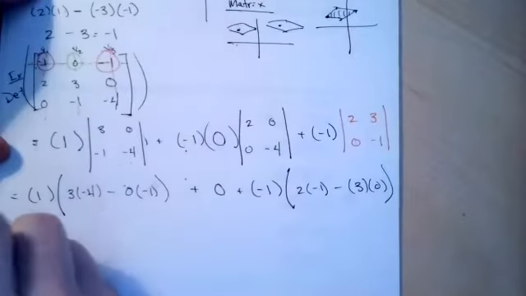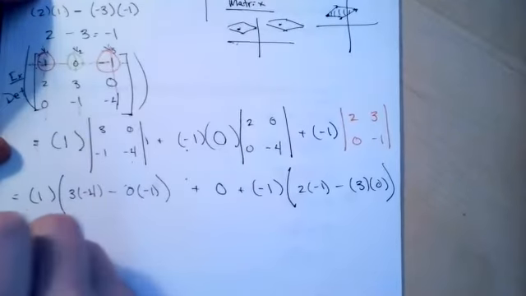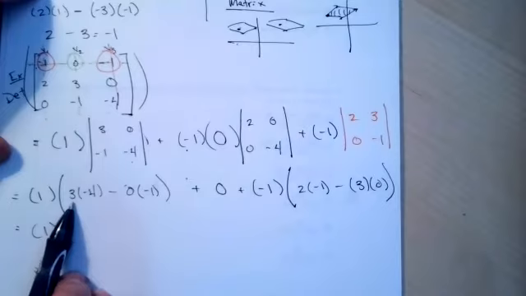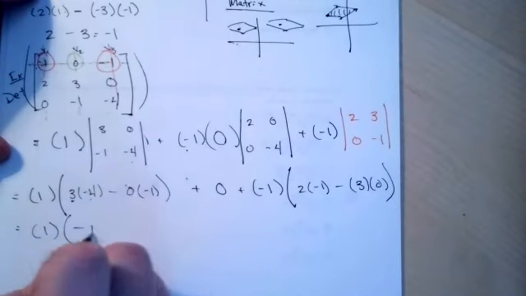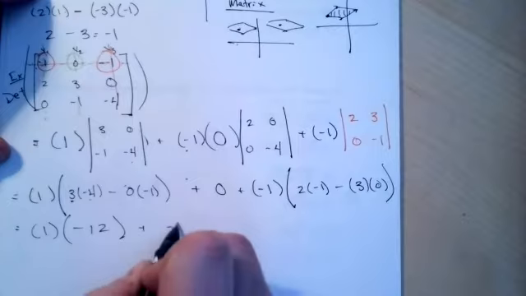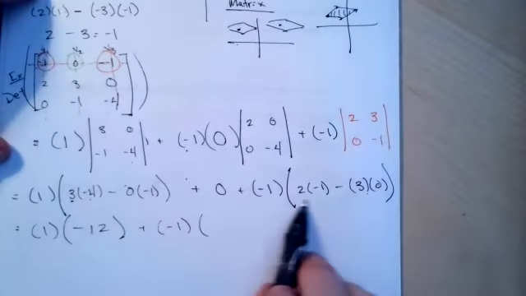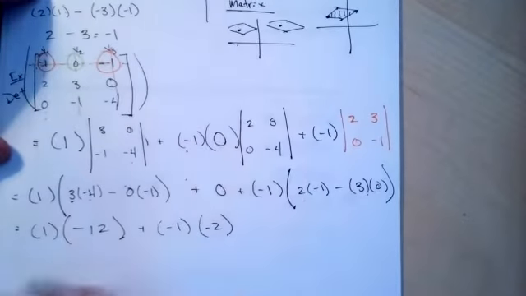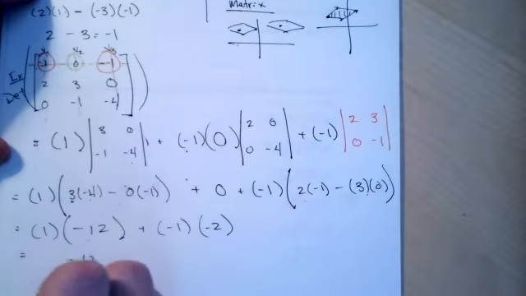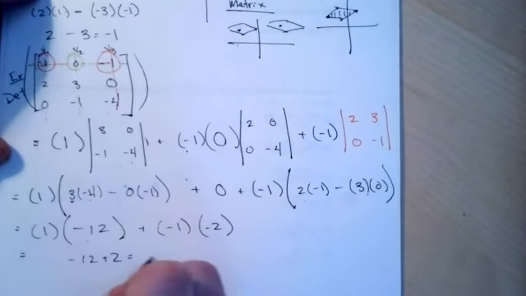So computing all of that out, what do we get? We'll have a 1. I don't even need to write the 1 because multiplying by that doesn't change. So -12, 0, 0, and then plus -1 times -2. And so it looks like we're going to get -12 plus 2, and so -10.